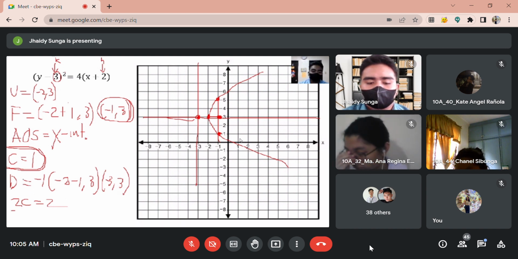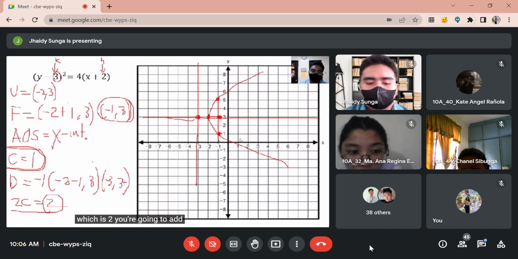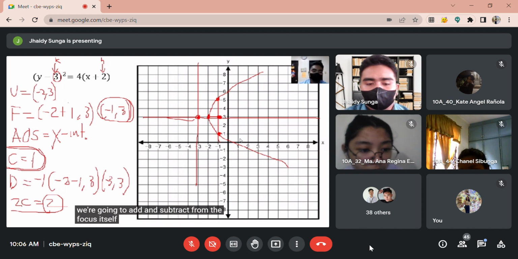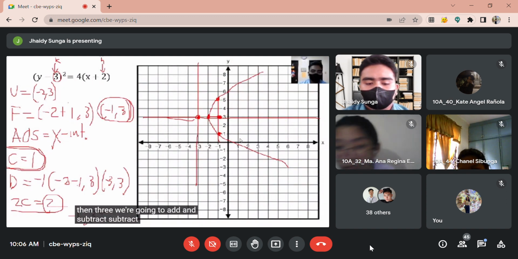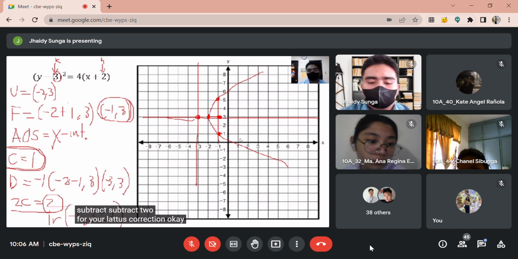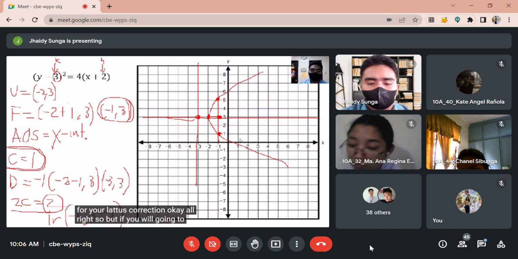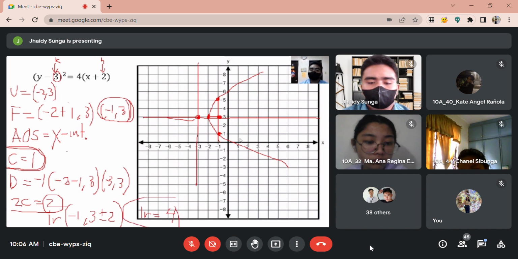You're going to add and subtract the value of 2c, which is 2, from the focus itself. So if the focus is negative 1, then 3, we add and subtract 2 for your latus rectum. But if you are going to find the distance of the latus rectum, the value of it is 4. I hope we are clear with this one.